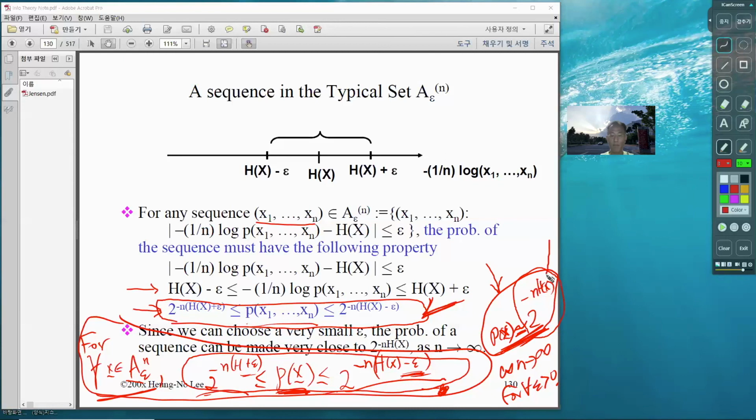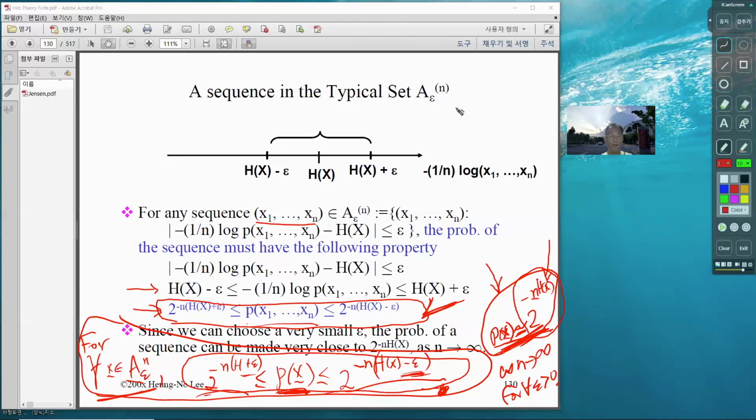So once you have calculated the entropy of a single random variable, and once you have the sequence length, you can find the probability of each sequence in the typical set, which is this number right here.